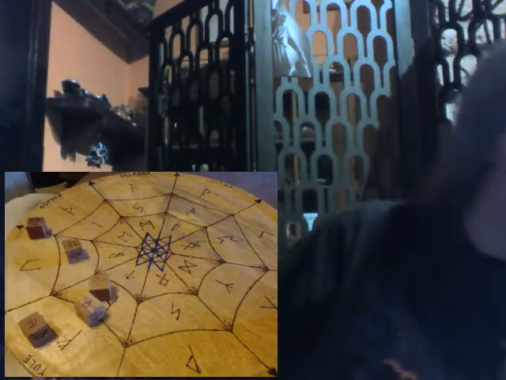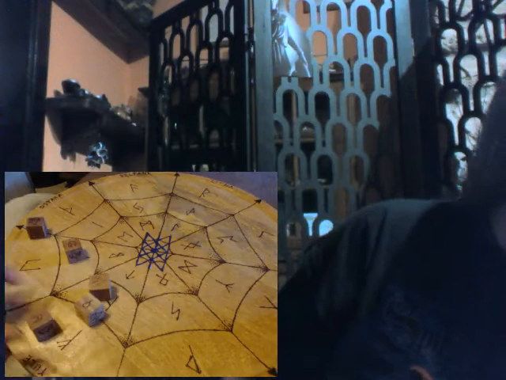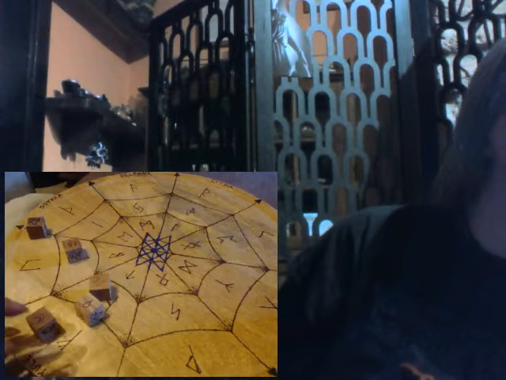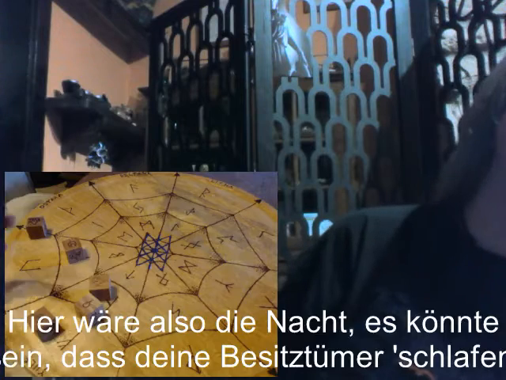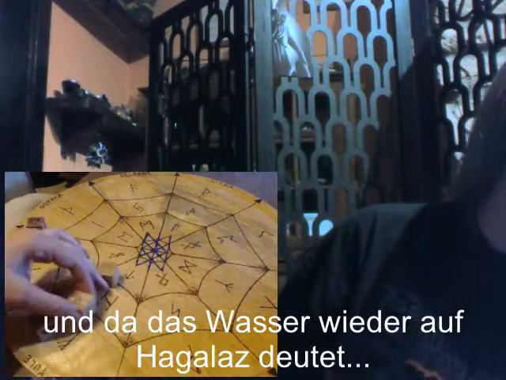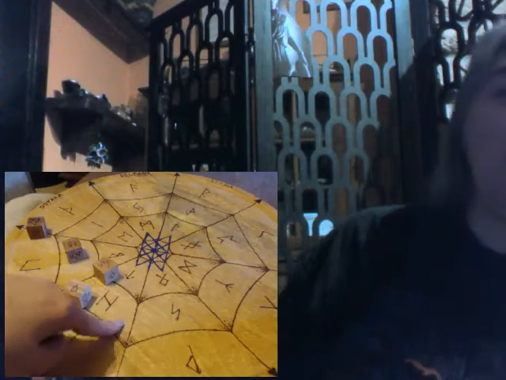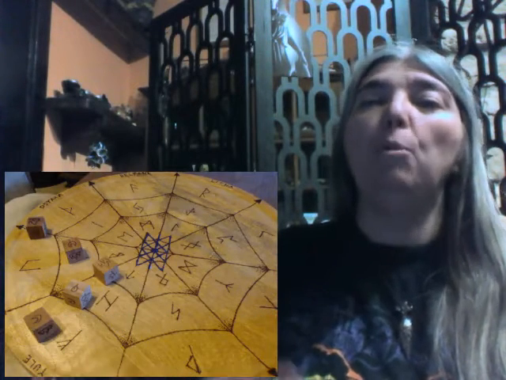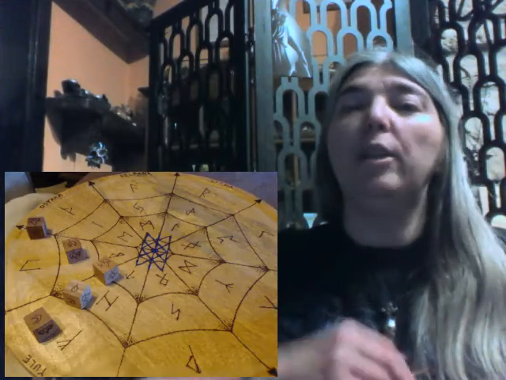And there again, you can say, okay, here you have the night, so maybe your belongings are sleeping, and the water is going again from Feu into Hagalaz. So if you don't pay attention to your belongings and you are not using them carefully and are forgetting about them and they go sleeping, they will end up being destroyed. It flows into Hagalaz.